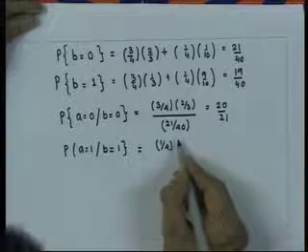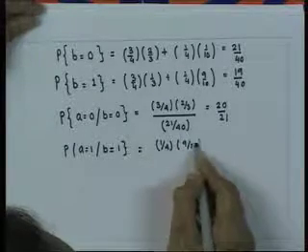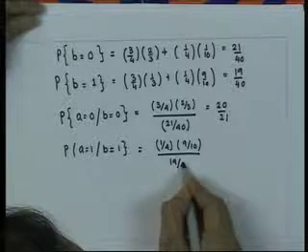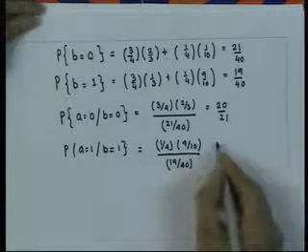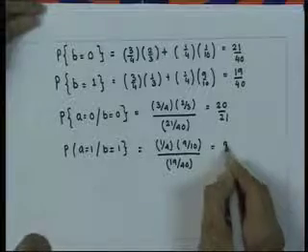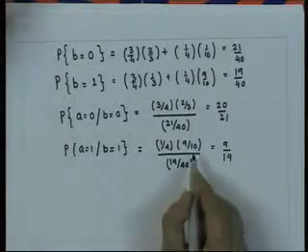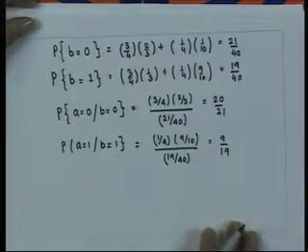One-fourth multiplied by 9 by 10 whole over 19 by 40 is equal to 9 by 90. The other two backward probabilities may be similarly obtained.